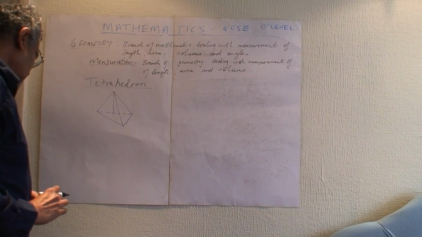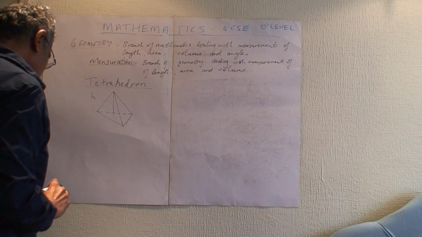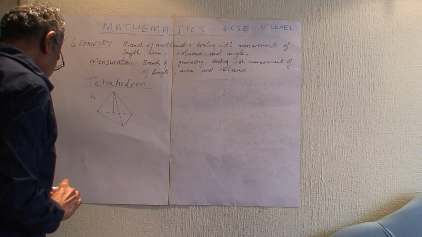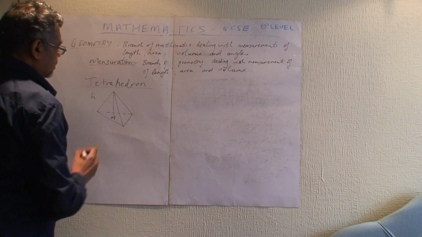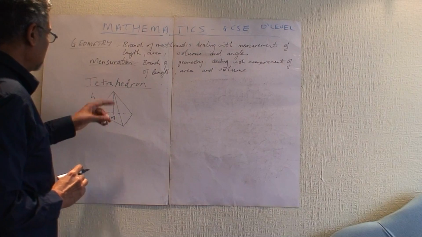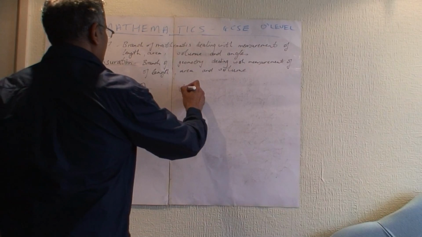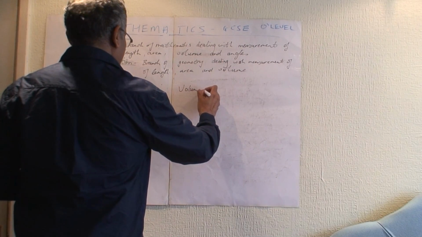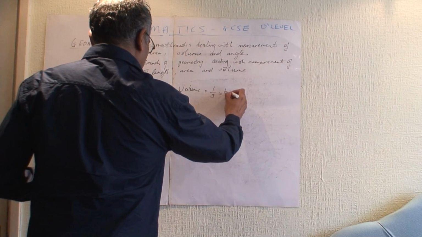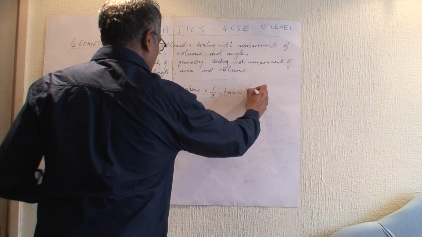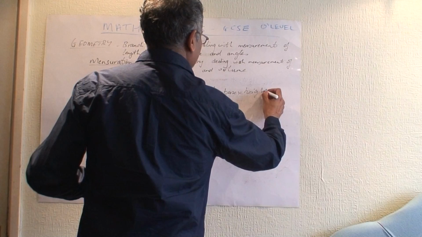Say for instance we know the height, we've got the value of the height, and we know the area of the base. Suppose that we know the area of the base, we're going to calculate this tetrahedron, and the volume of the tetrahedron is a third multiplied by base multiplied by height.